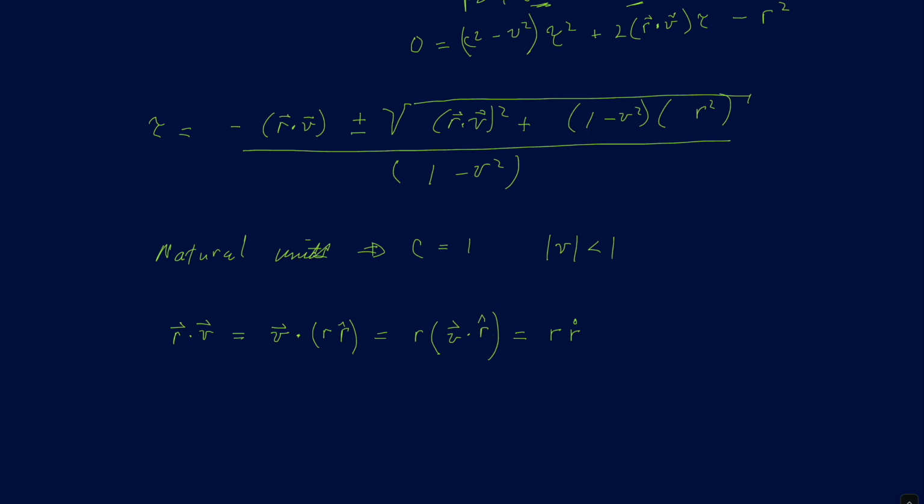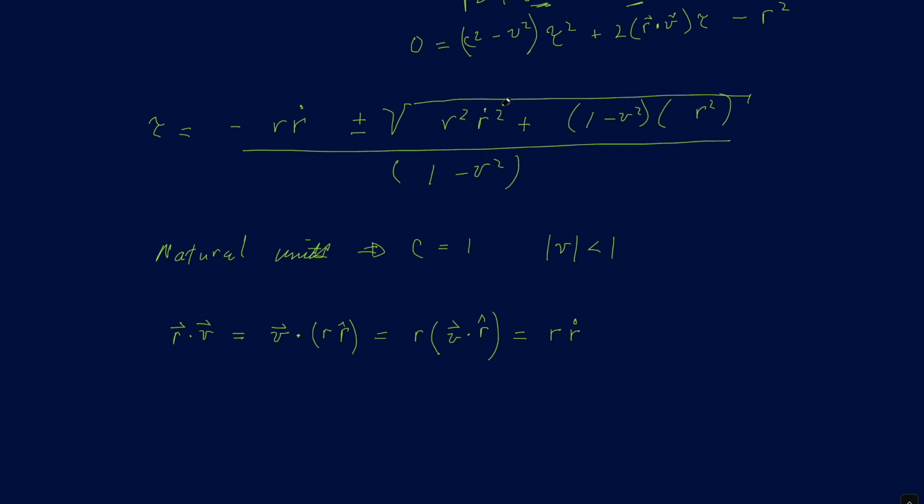I'm going to go up here and change this r dot v to r dot. Then I'm going to do the same thing over here. So this whole thing becomes r squared r dot squared. So there's a couple of nice little simplifications to make our life easier.